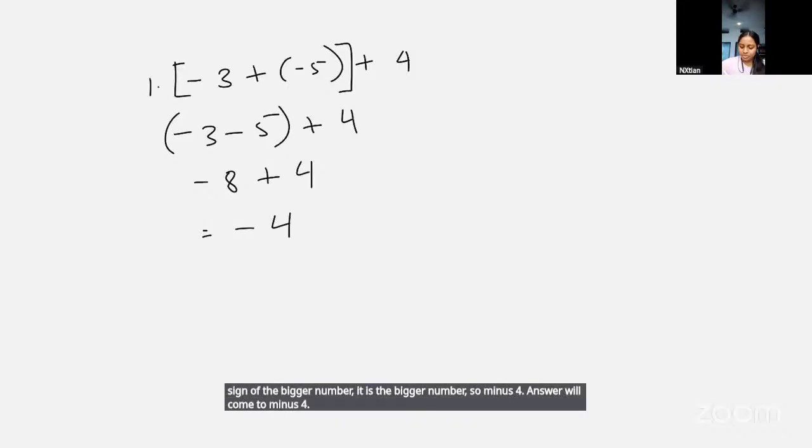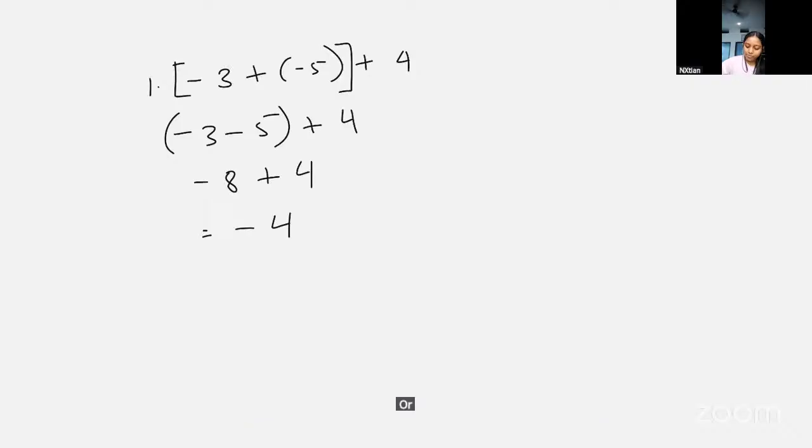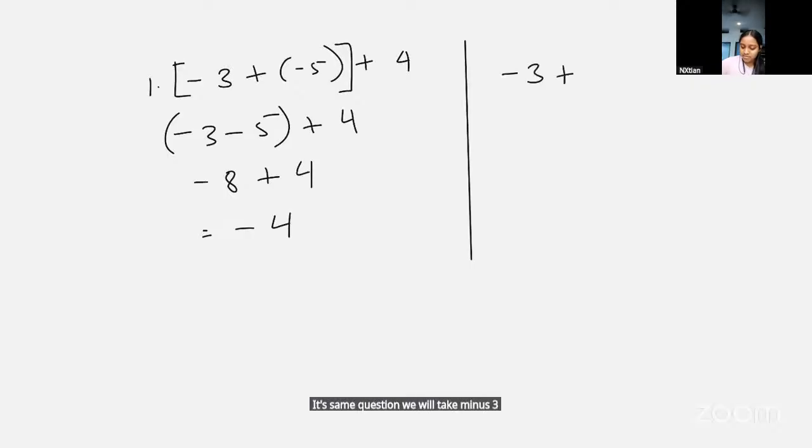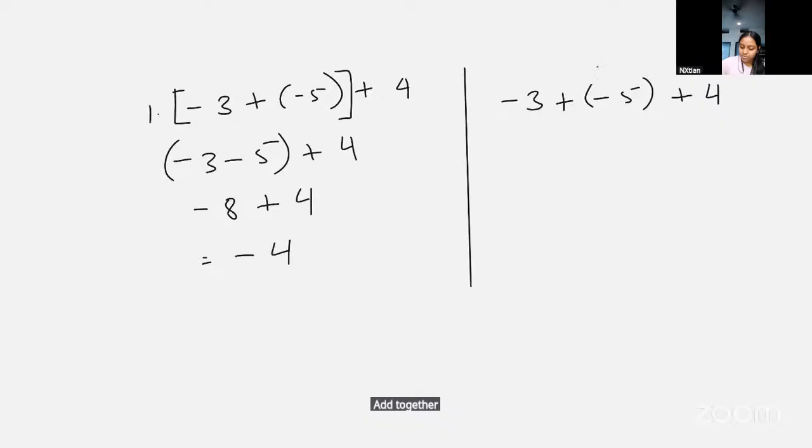This is one option. Or I can also do it like this. How? Same question, minus 3 plus minus 5 plus 4. This time I will leave minus 3 out and add together your minus 5 and 4.